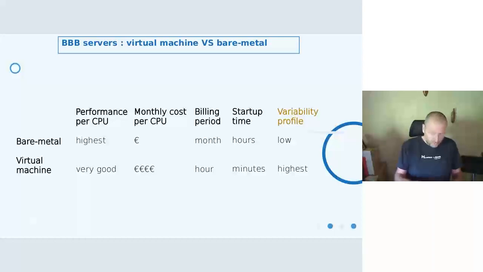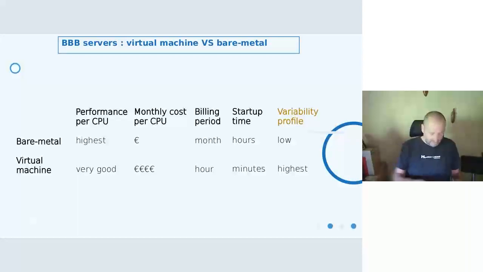The question will be: do you mostly use bare metal or virtual machines to host BBB servers?